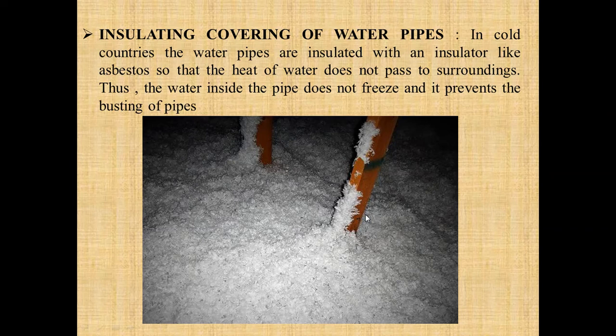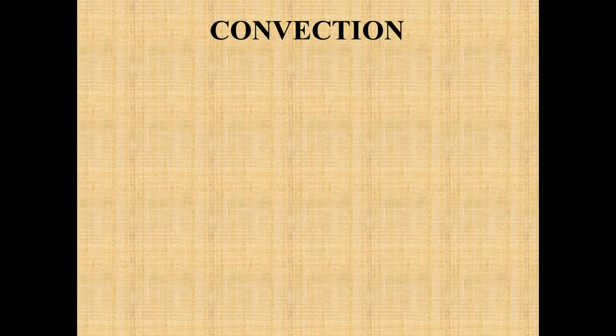Since it is in liquid form, it will not freeze and it will prevent the bursting of the pipes. So these are a few uses of bad conductors and good conductors of heat.